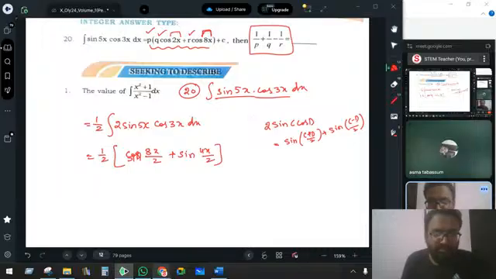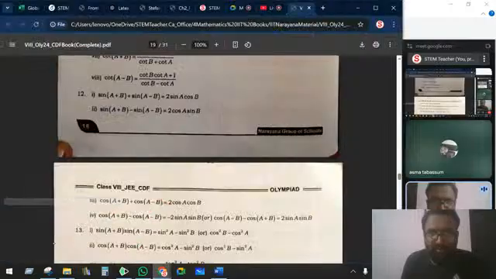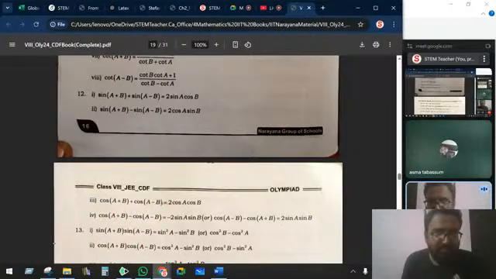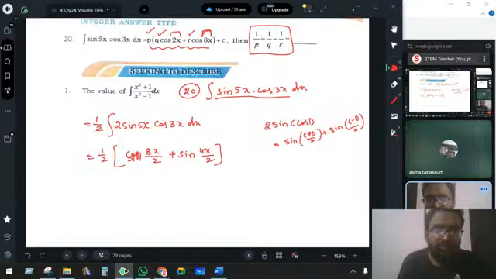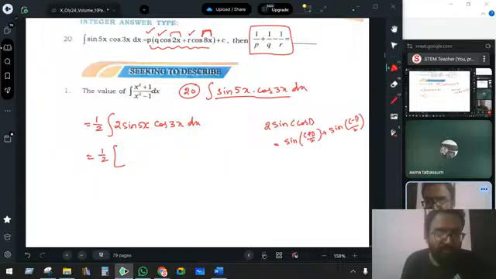Am I doing right? Is my formula sin A plus B? Oh, there is no by 2. So it is sin 8x plus sin 4x, sin 2x. It is sin 8x plus sin 2x.